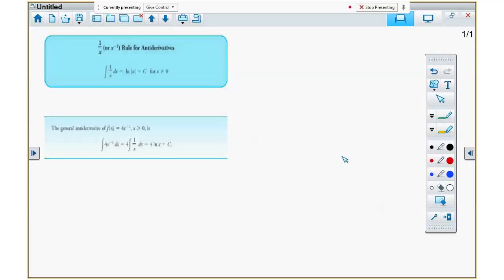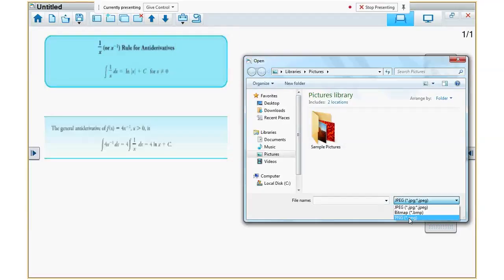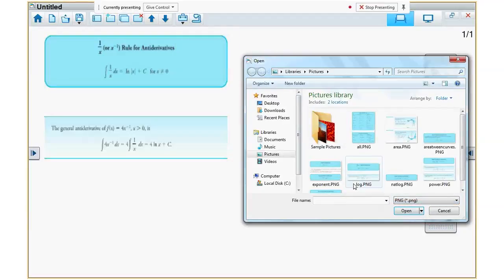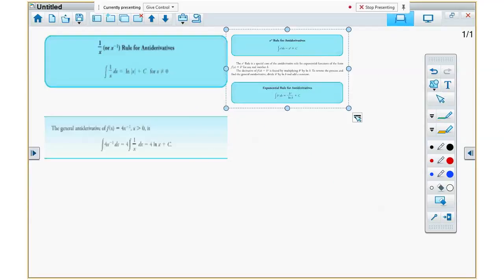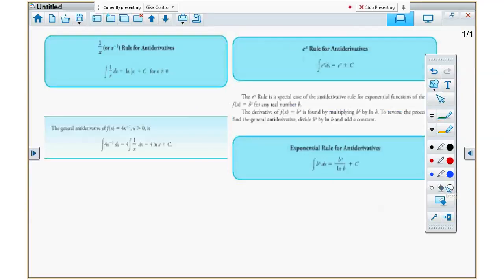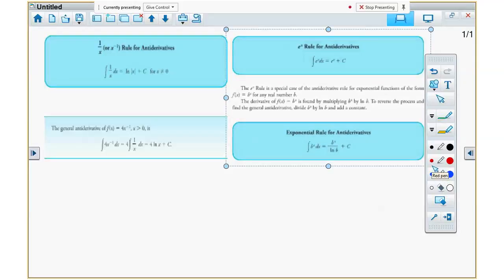Okay, that's the derivative of 1 over x, or x to the negative 1. That's the exponential rule and e to the x.